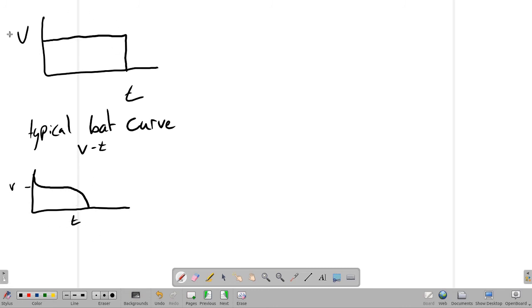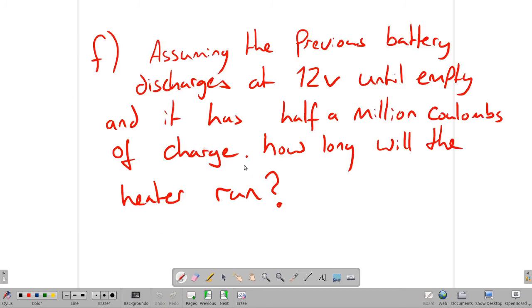So we're just using this for our question, our example. Now, it has 500,000 coulombs of charge. How long will the heater run?